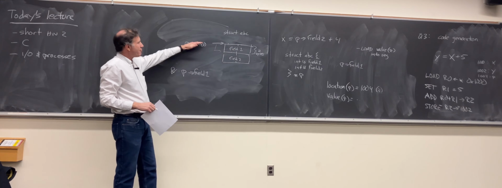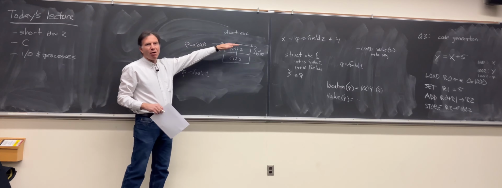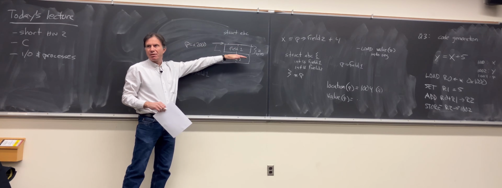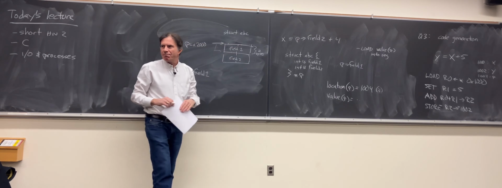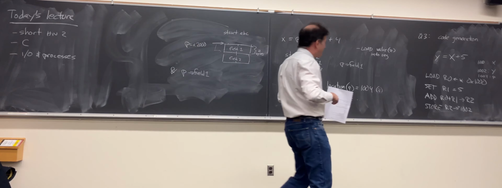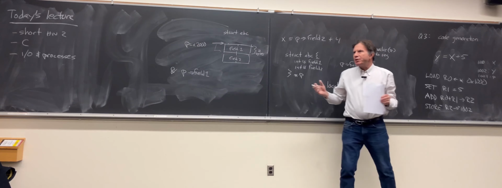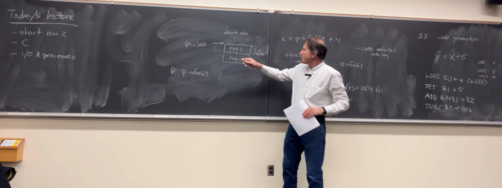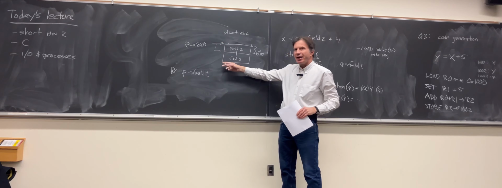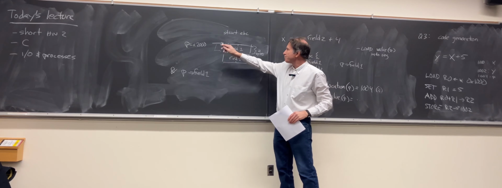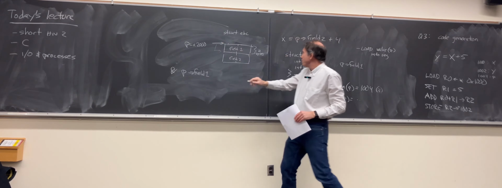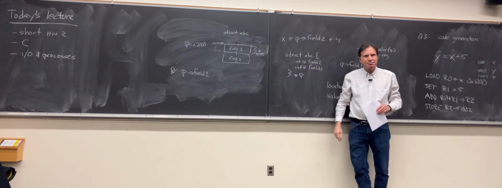So if we have the address of P, that's also the address of the first field in P. There's no header. If you want some sort of header in your structure, you've got to put it there. This is exactly how it's laid out in memory. And so a pointer to the beginning of it is a pointer to the beginning of it. And the beginning of it is this field.